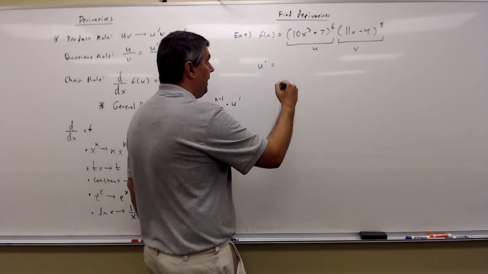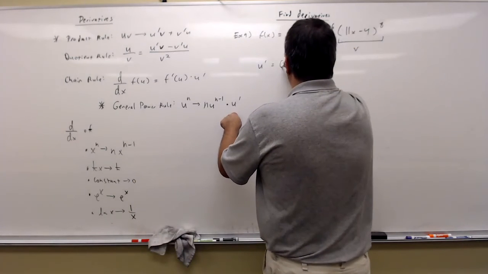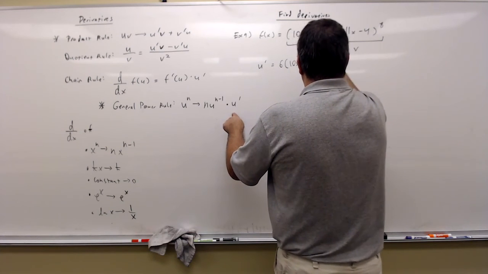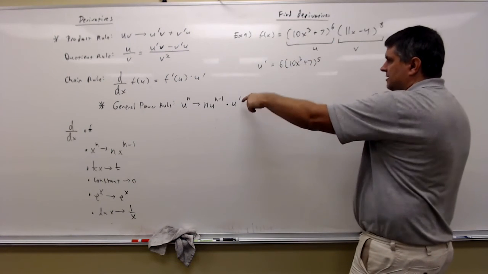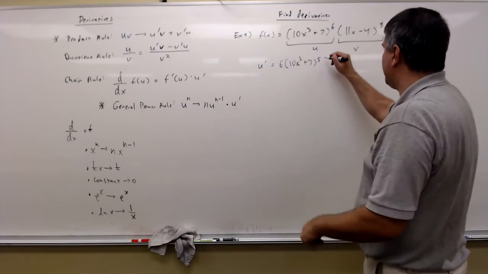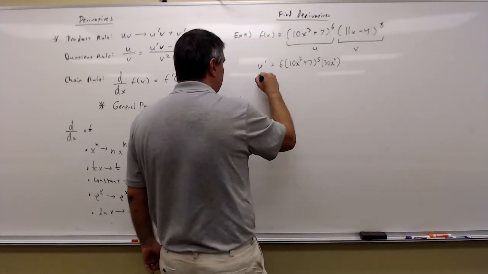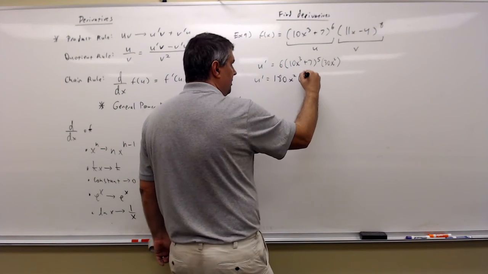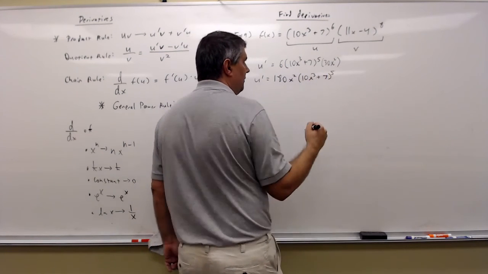U prime will be, under the general power rule, you'll take the 6 to the front, and you'll go down a power to the 5th. You also include the derivative of the inside. So that'd be 30x squared. So u prime is 180x squared times 10x cubed plus 7 to the 5th.